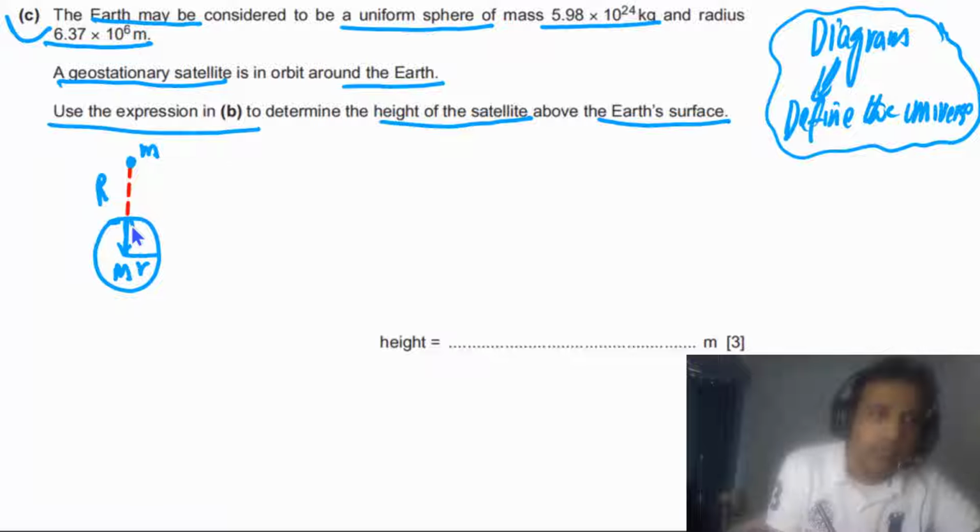This is equal to small r, and the height from the surface of the planet, we can take this one as h, and this is what we need to find out.